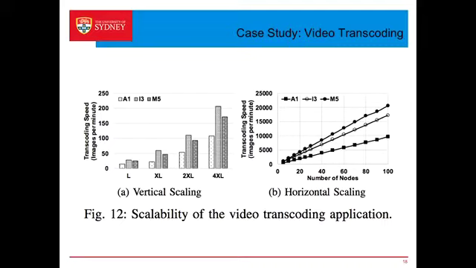But if we look at the figure on the right-hand side, for all three instance types, transcoding speed increases linearly with the addition of more worker nodes. Although A1 has the slowest transcoding speed per node, such linear scaling behavior allows it to achieve the desired level of performance by simply adding more nodes into the worker fleet.